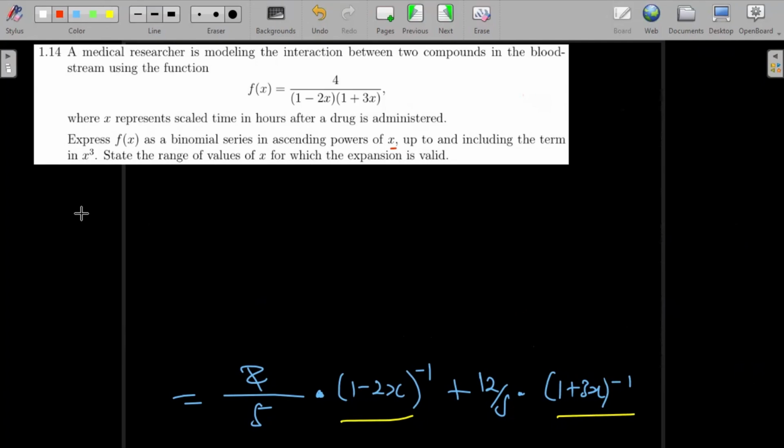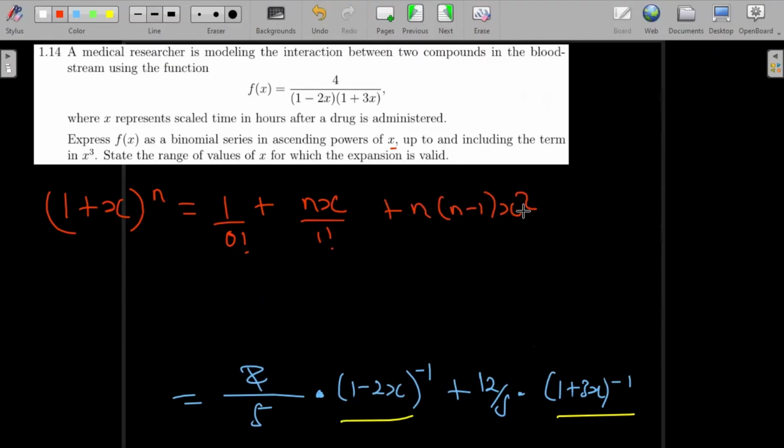It states that if you have 1 plus x to the power n, expanding this is the same as writing 1 plus n x to the power 1 divided by 1 factorial, plus n multiplied by n minus 1 x squared over 2 factorial, plus n times n minus 1 times n minus 2 x to the power 3 over 3 factorial. Then it continues to go like that.